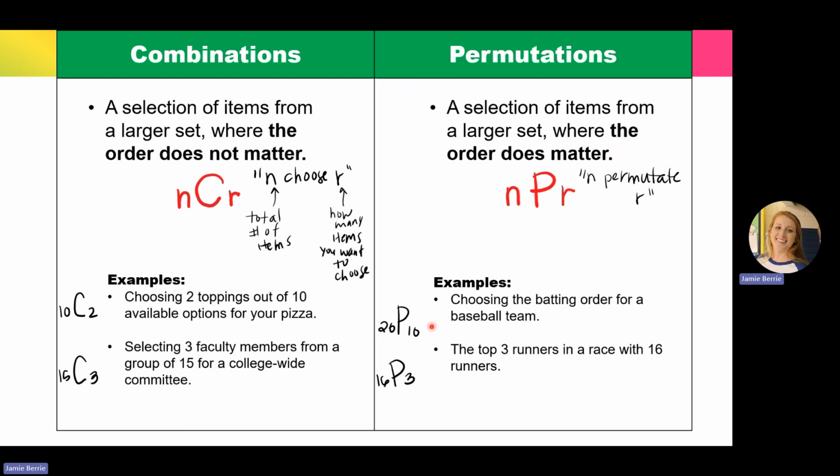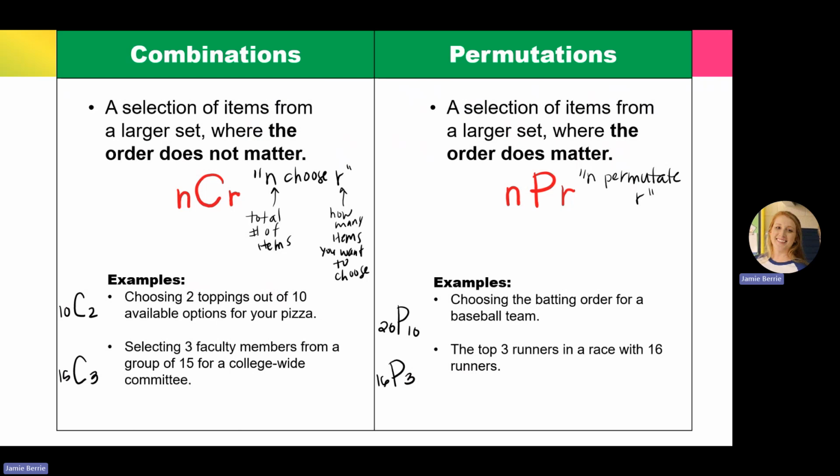And then 20 permute 10, that's going to tell me all the different combinations of 10 players that I could choose for my batting order. And then 16 permute 3, that's going to tell me all the possible top 3s for this race.